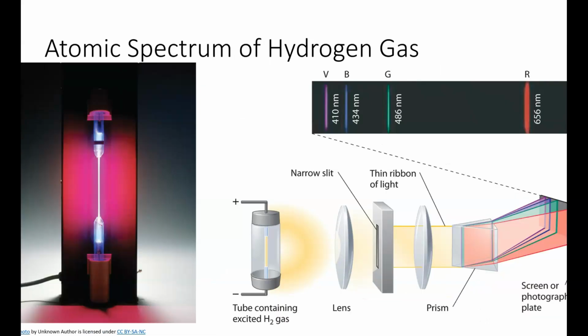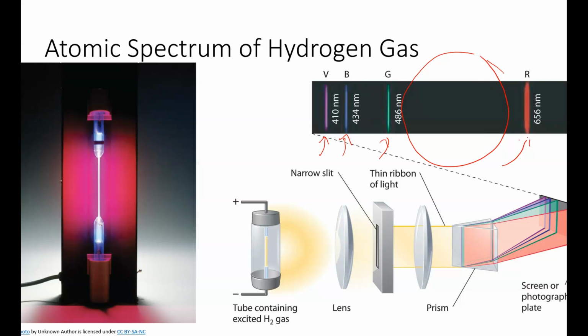If we look at the atomic spectrum of an element, such as this is hydrogen, hydrogen gas, when we pass electricity through it, produces light at these very specific wavelengths. Notice that it is black in between. There's no light being produced. So there's very specific wavelengths of light.